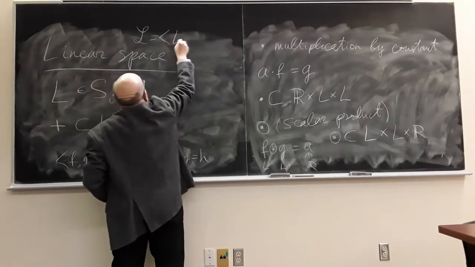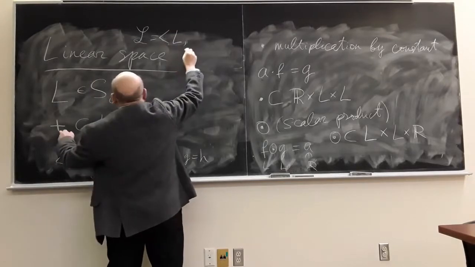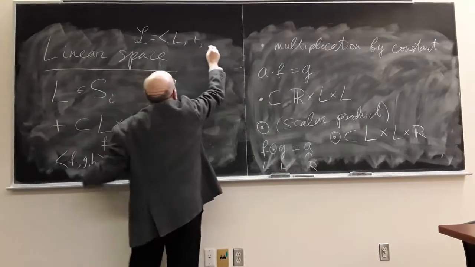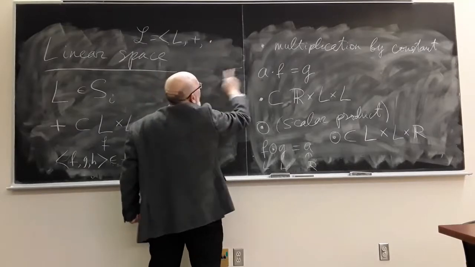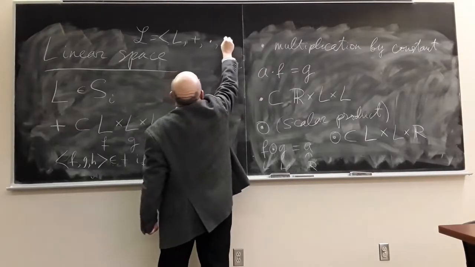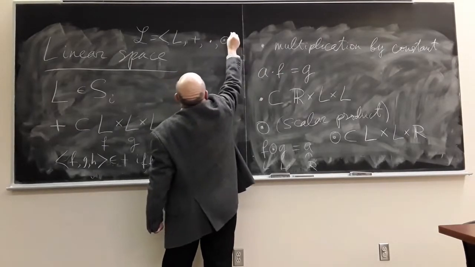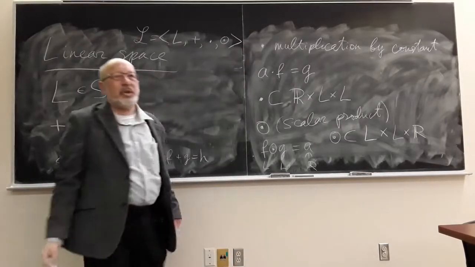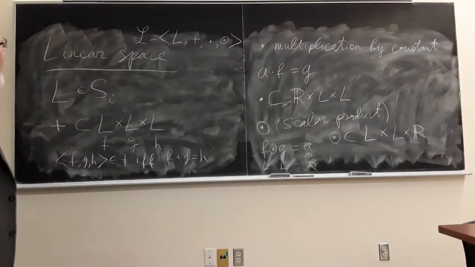It is L, then you have plus, you have multiplication by constant, and you have this scalar multiplication. And we can also easily count how many floors up it is in our ladder. So this is also good.